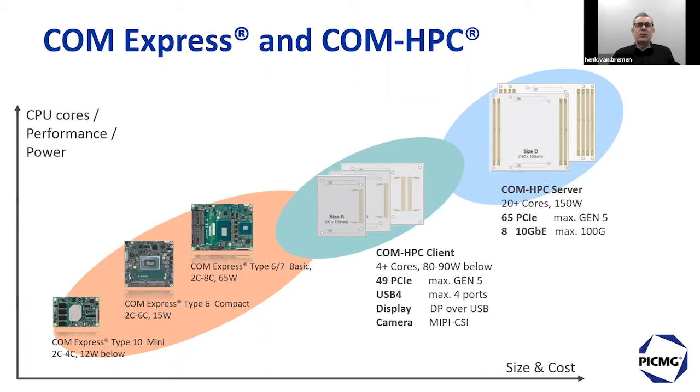COM-HPC client, which I will not talk about a lot today, extends into 80 to 90 watts. And if we go to COM-HPC server, we will see 150 watt CPUs. And I think there's even a stretch to go almost up to 200 watts.